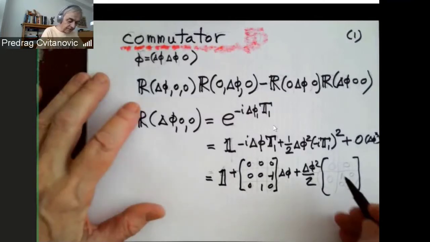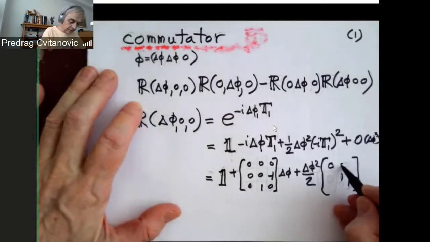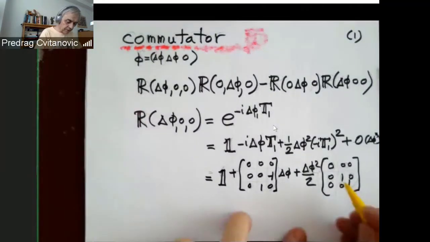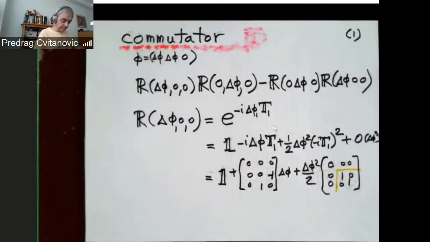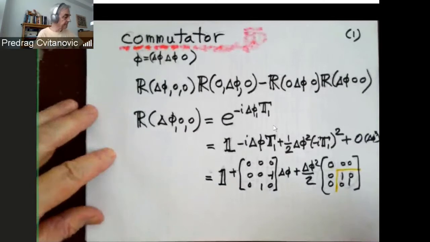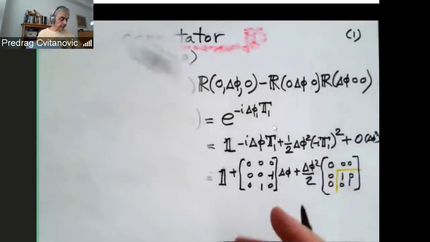So I find that this is 0, 1, 1, 0, 0, 0, 0, 0, 0. And notice what's going on: this is not the identity because we have 0 in the X place, so I can't stick it in here. So that's what one of these guys looks like.